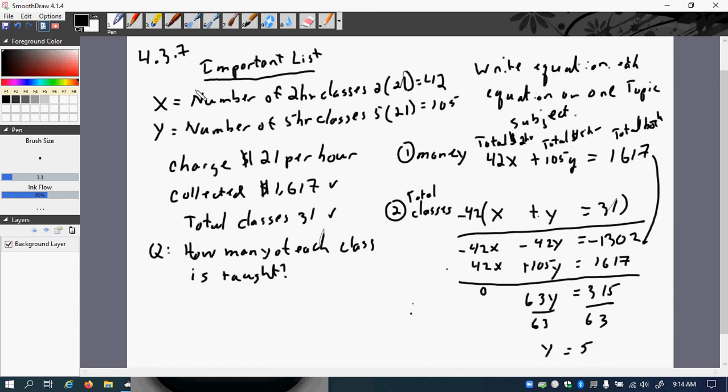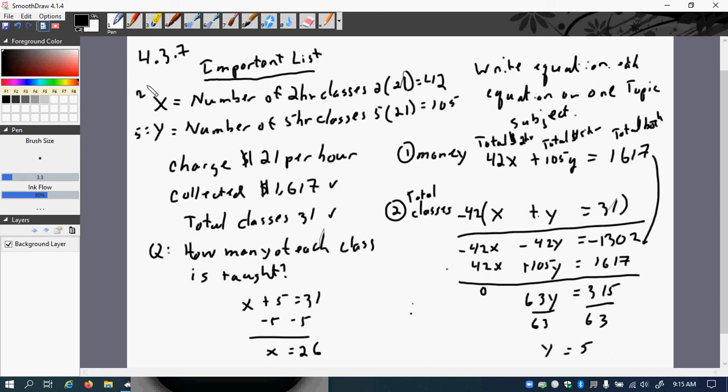So 5 is the number of classes that we taught that were 5 hours long. Now I just have to figure out how many it is for x, and I can use my original second equation: x plus 5 equal to 31. So x is equal to 26.